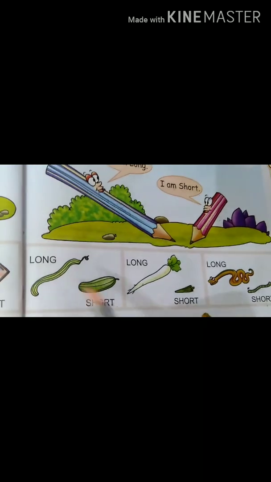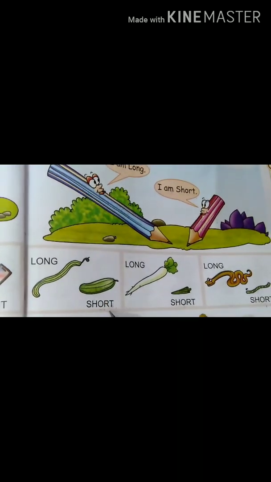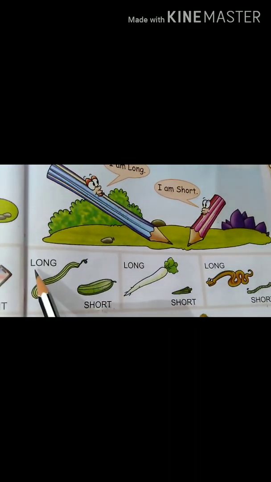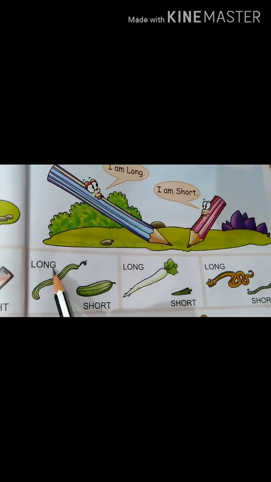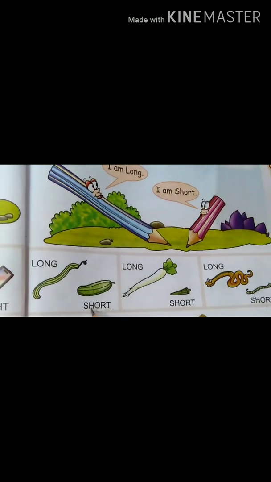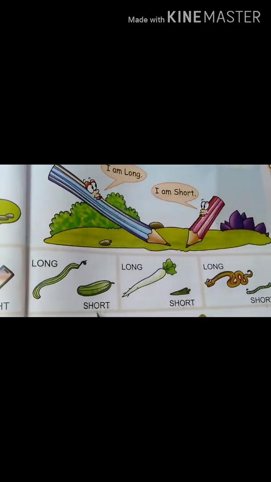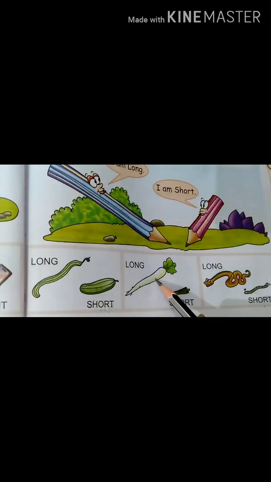Cucumber is long and sponge gourd is short. Now all of you say the spelling. L-O-N-G, long, S-H-O-R-T, short, long, short.